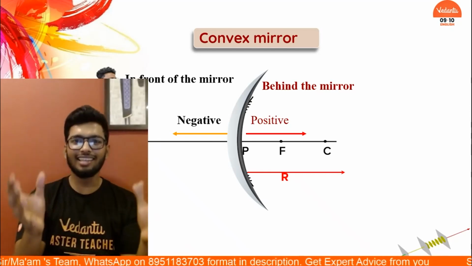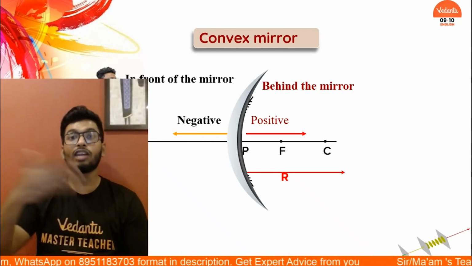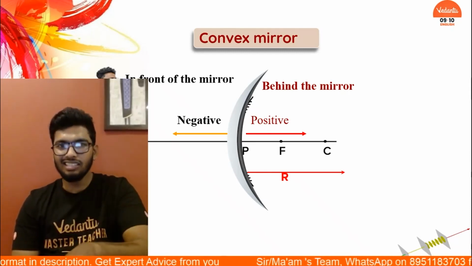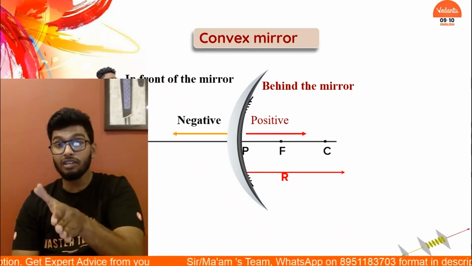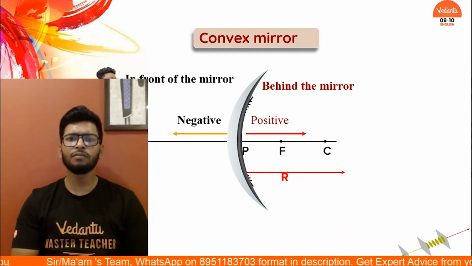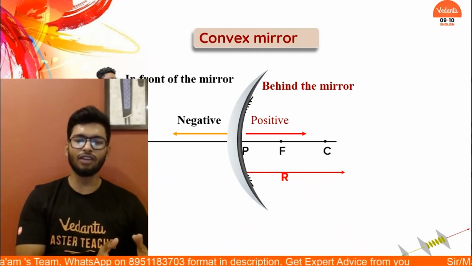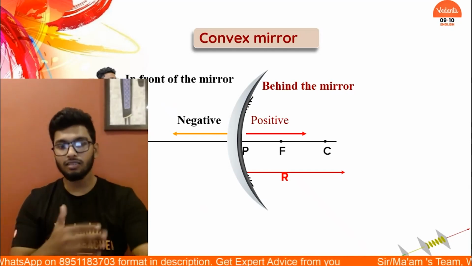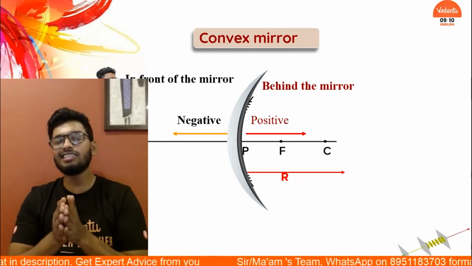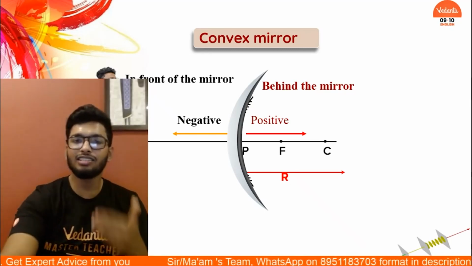All right. So let's say that that is the object, and you're keeping that object in front of a convex mirror. So the distance from the mirror, that is towards the left hand side, is considered as negative, which means Abhishek sir at this point of time, if you talk about the distance, which is nothing but the object distance, that would be negative, and the distance behind the mirror is considered to be positive.